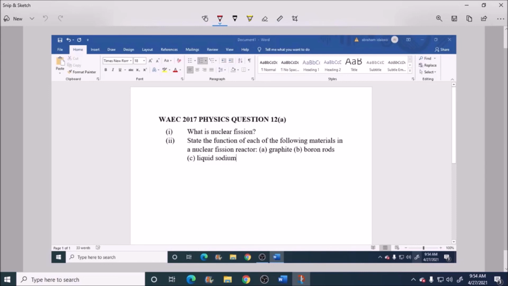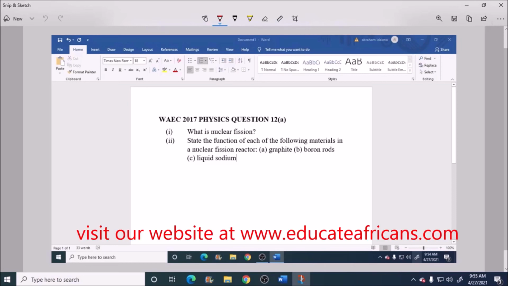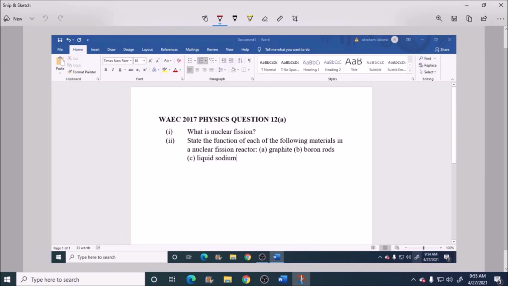Nuclear fission is the splitting up of a heavy nucleus into lighter nuclei with release of a huge amount of energy and neutrons. Then the function of graphite in a nuclear fission reactor is that it slows down high energetic neutrons in the reaction chamber.